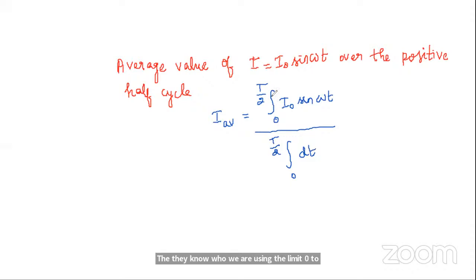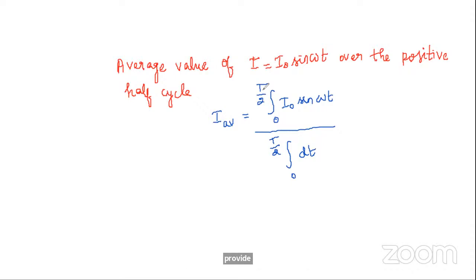Can anyone tell me, students, why we are using the limit 0 to T by 2? Yes, it's a half cycle, sir.